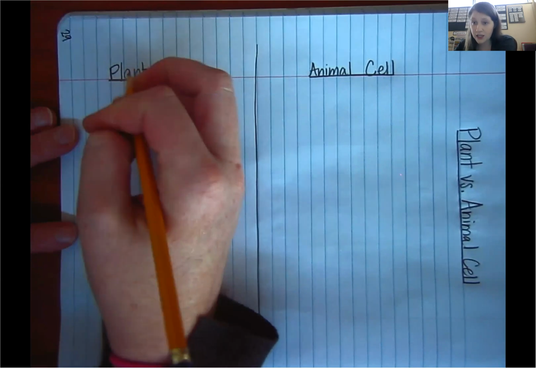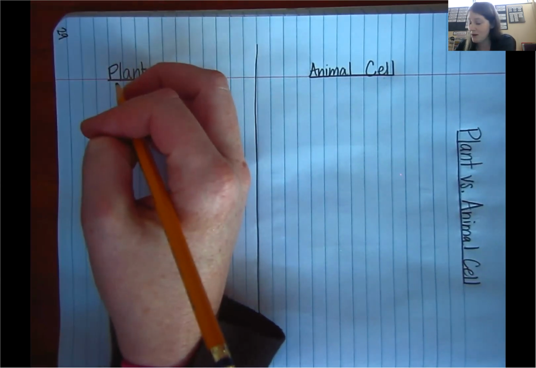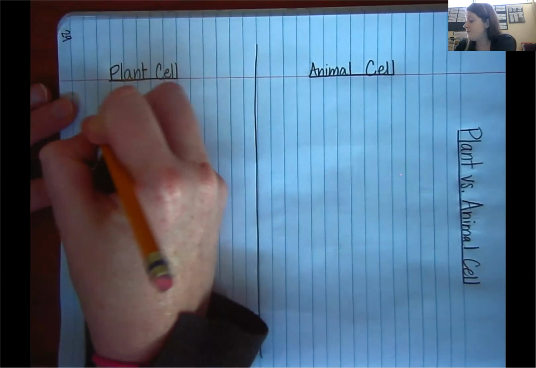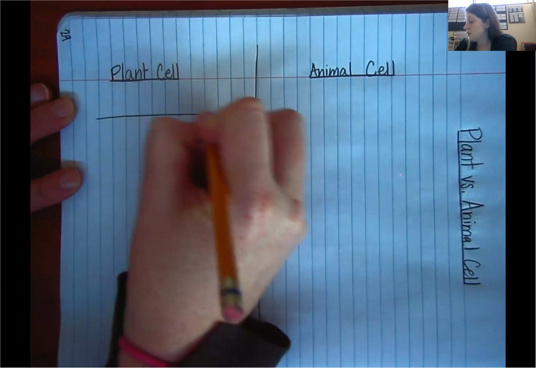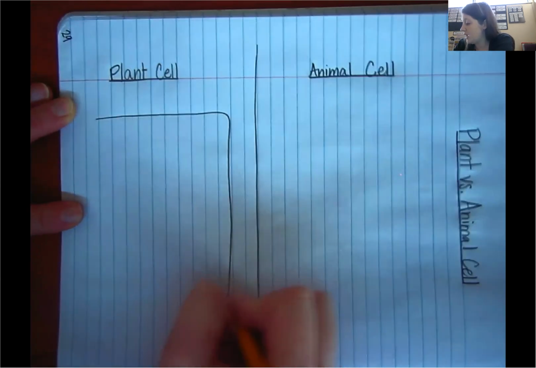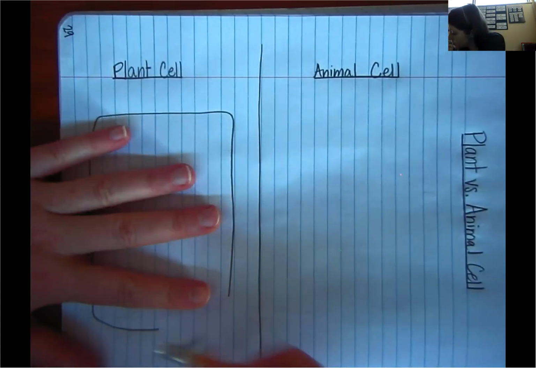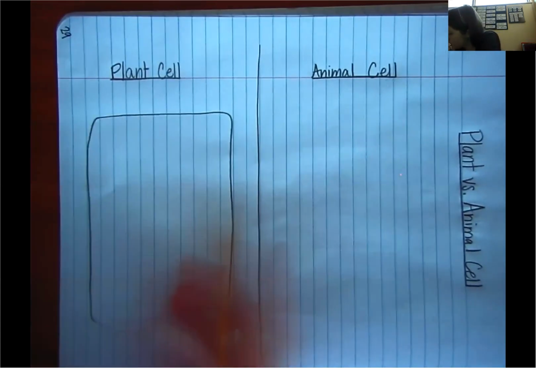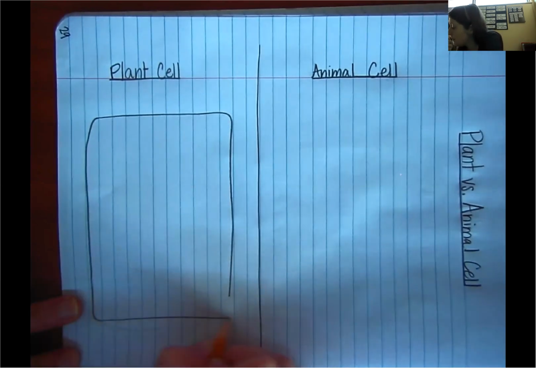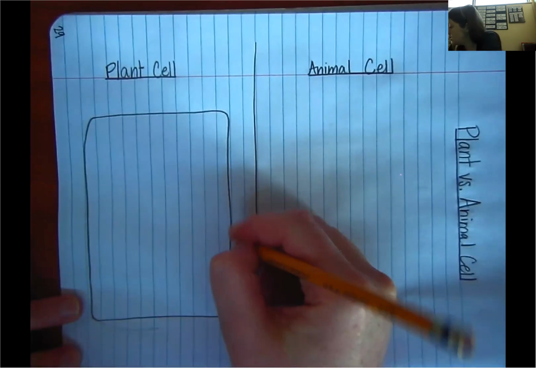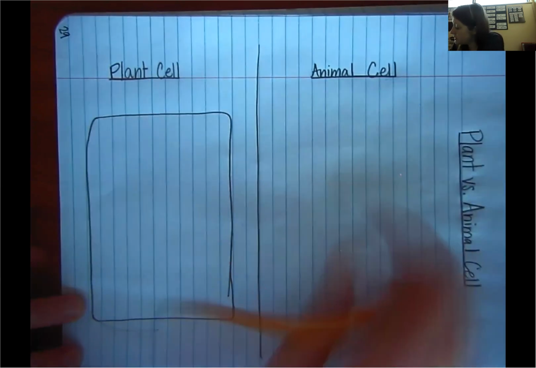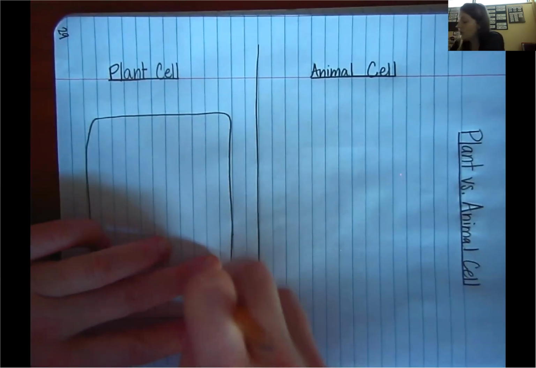Usually, and not all, and that's the case for what I'm about to draw entirely. It's kind of a rectangular shape. Okay, doesn't have to be completely perfect, just do your best to make it neat.